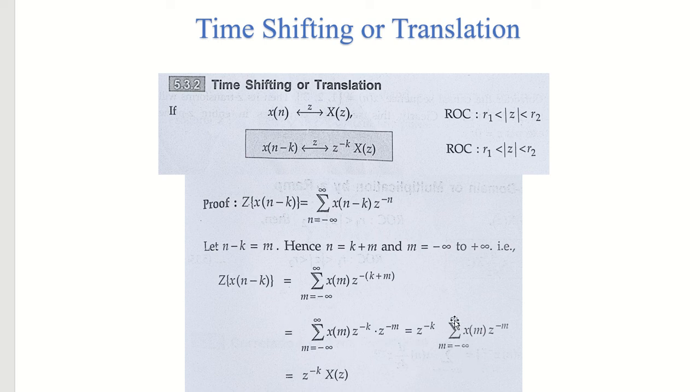We will have this term into the summation, summation m equals minus infinity to infinity x of m z raised to minus m. And isn't this the Z transform of x of m, right? So the term will be z raised to minus k, which was left earlier, into X of z. Hence we have proved this property, and this property was time shifting or translational property.